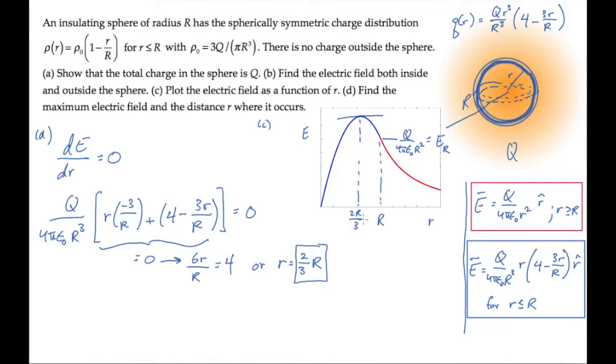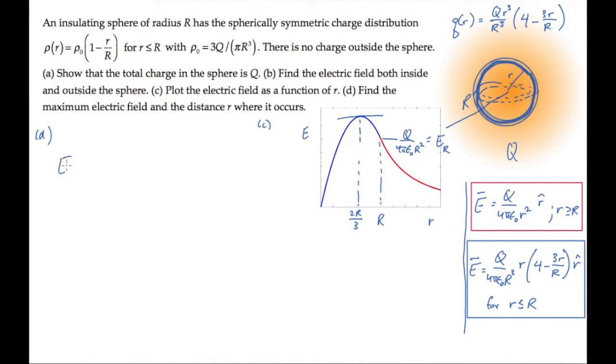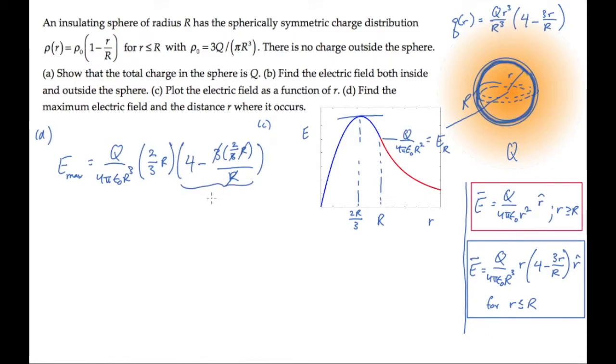To find the maximum electric field, we substitute that into the expression boxed in blue over on the right. So let me one more time erase this, so we'll have room to do that. Substituting little r equals 2/3 capital R into the blue expression gives us this result, which we can simplify by canceling terms in the numerator and denominator, seeing that this term in parentheses just equals 2, canceling this r with one of those, to notice that this in front equals E sub r.